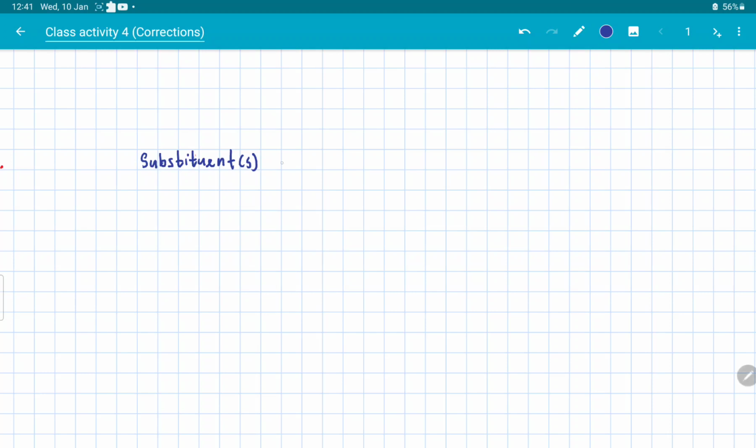And then the second part of the name is the root, which we call the root name or stem name. This is where you mention the prefix to indicate the number of C atoms.